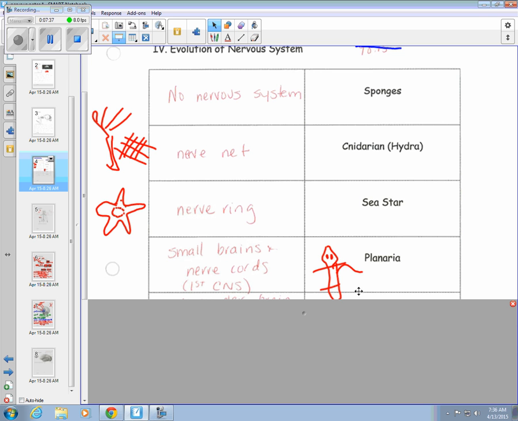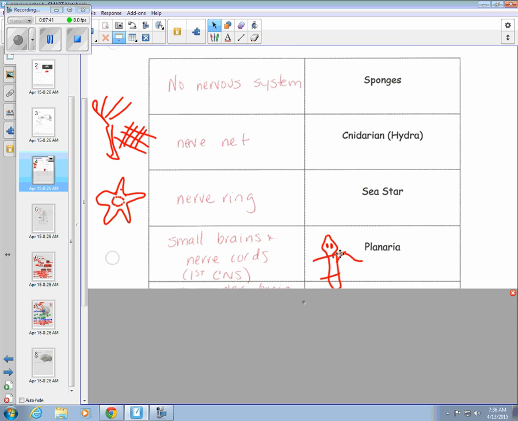It looks like a little small worm. It's a freshwater organism. These organisms can very easily regenerate if you were to cut it, and it can grow back a head or it can grow back a tail. A planaria does have a very small brain, and it does have some nerve cords. Scientists believe that this could be the organism that had the first kind of central nervous system.